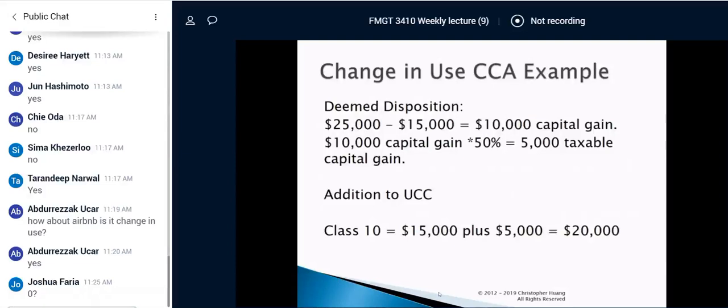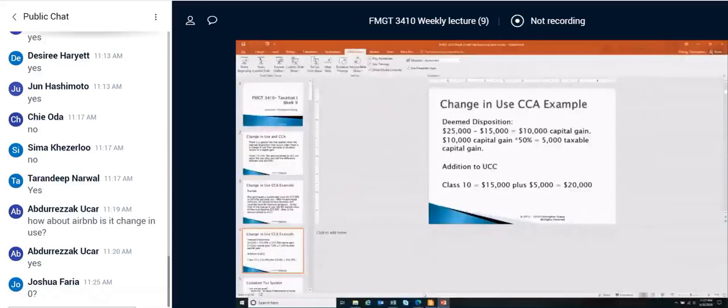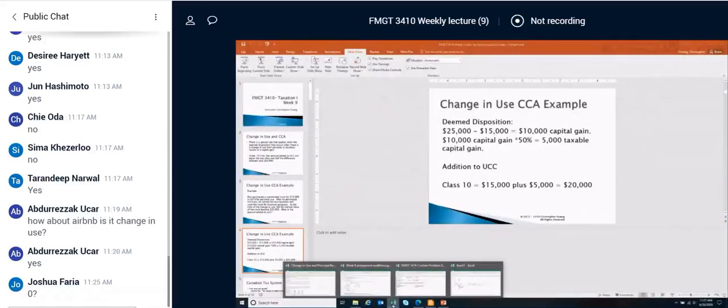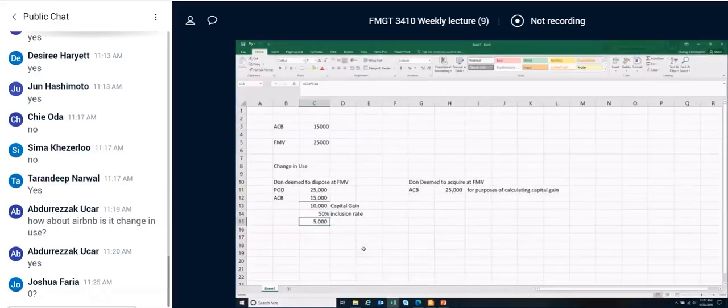So in other words, what the government said was, because only 5,000 is taxable for UCC purposes, we're going to say cost plus the taxable portion of the gain is $20,000. Okay? So this is cost for UCC purposes. And that is what you get in the form of CCA in the future.